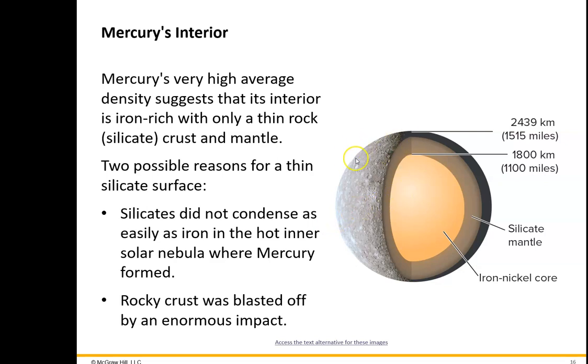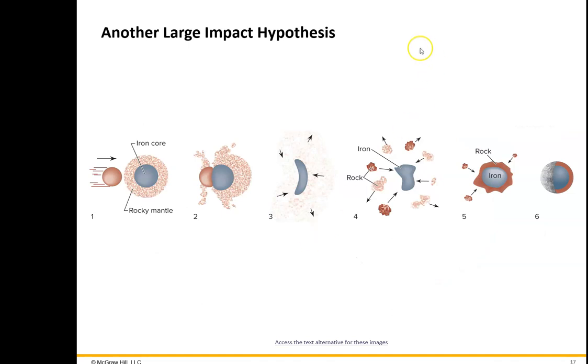So you don't have as much silicate condensing in the area around the distance that Mercury is from the sun, and that huge impact, the remnants of which is what we call Caloris Basin. This is just an example of this large impact hypothesis. So some object comes in, roughly maybe a little bit smaller than Mercury.